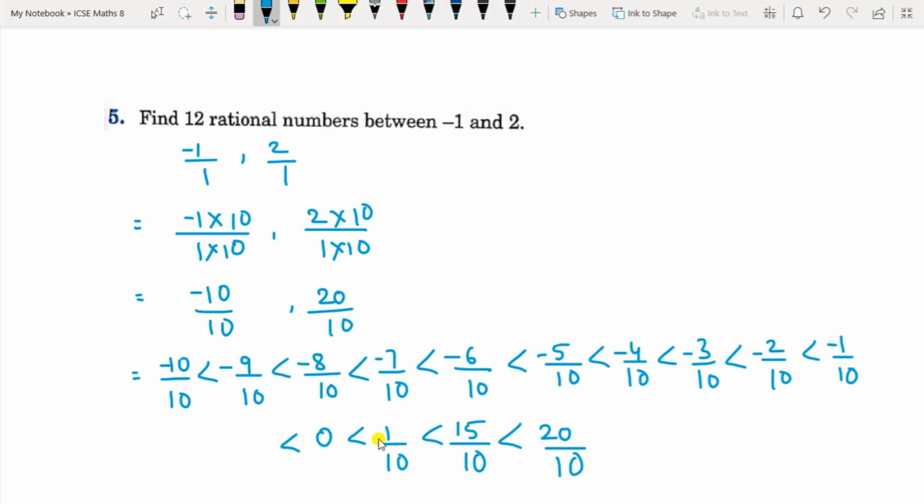So any number between minus 10 and 20, you can write. That many numbers they have asked in the question. So here they have asked 12 rational numbers, so you can write any 12 numbers in between for the given question.